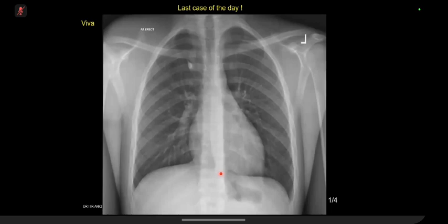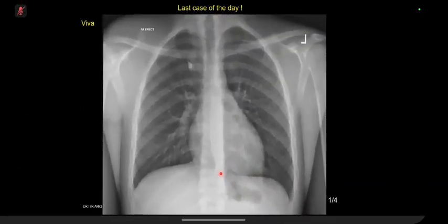I can't see any abnormality in the clavicles or the proximal humeri bilaterally. The glenohumeral joints appear to be preserved. Looking at the ribs, I can't see any destructive rib lesions. And looking at the spine posteriorly, there's a vertebra that appears to be slightly more lucent.